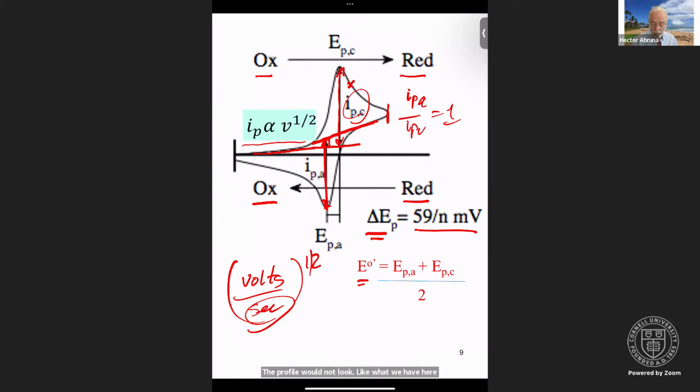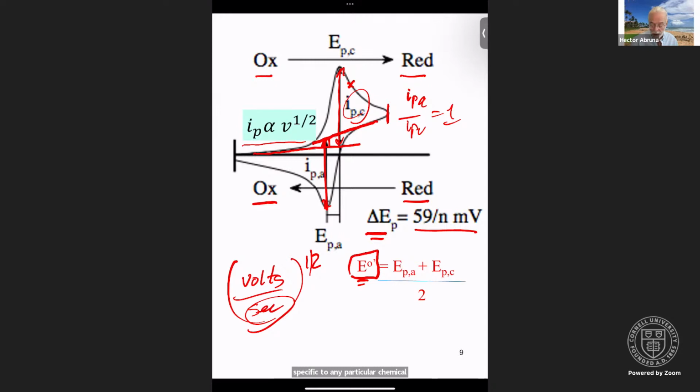And so in this cyclic voltammetric profile, the typical experimental measurables that people will always quote. Certainly, what is the formal potential? And that is specific to any particular chemical system.